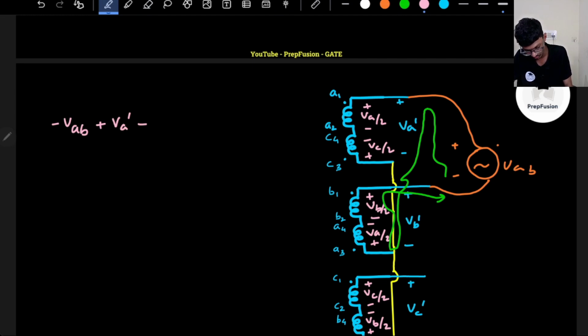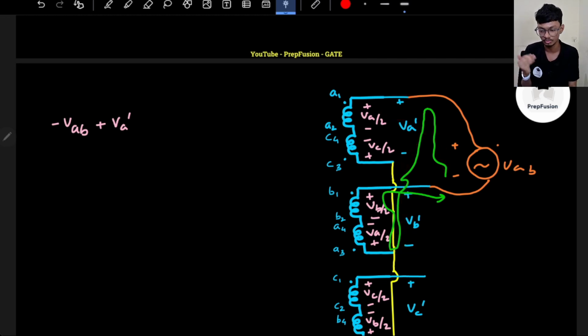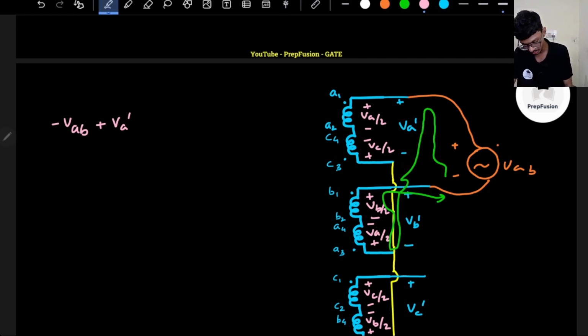So VA dash is what? I will write plus VA dash, and then I'm starting from here, minus VB dash. So I am first encountering the negative sign. Here I was first encountering the positive sign. So that's how I write my KVL. So this will be minus of VB dash equals to simply 0, correct?